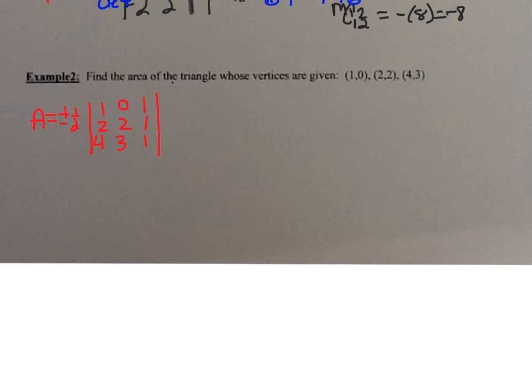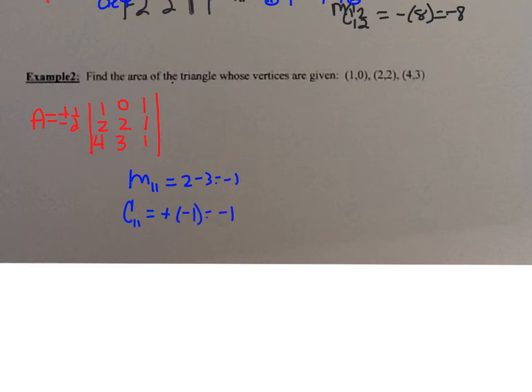All right, so we're going to use my minor 1,1. That's going to be 2 minus 3, which is negative 1. So my cofactor 1,1 is going to be positive 1 times negative 1, which is negative 1.